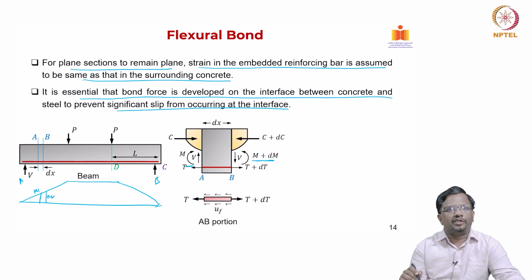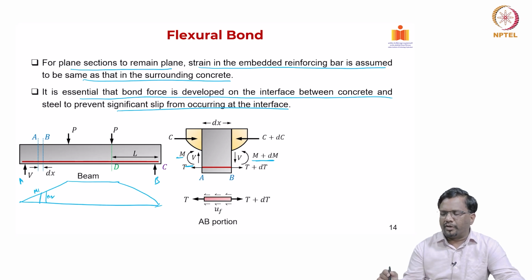Now, to resist this moment M, I need to develop forces in the concrete. Concrete will give me compression force, steel will give me tension force. Those are the internal forces to resist this bending moment. So C into the lever arm has to resist the bending moment on this section.